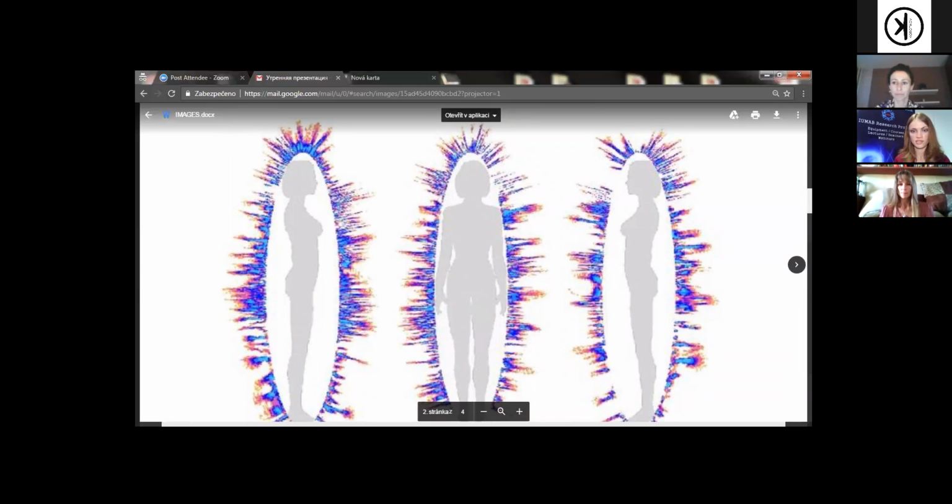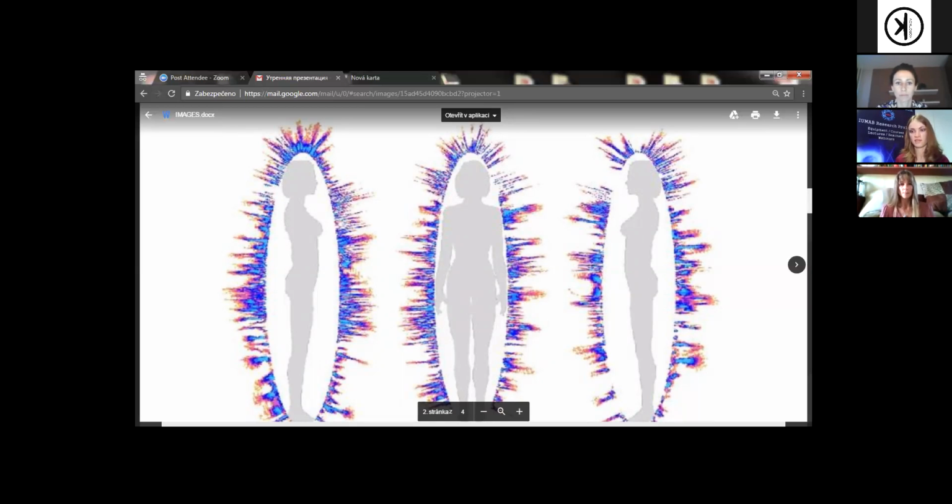Here you can see that there are holes in this energy, which means that the person is quite vulnerable and emotional and energetically unstable, because there is no bioenergy protection. The person can react very emotionally and unstably to different situations and negative factors.